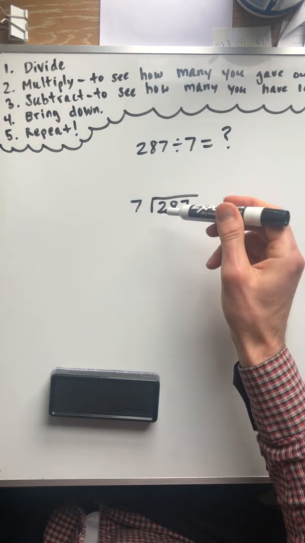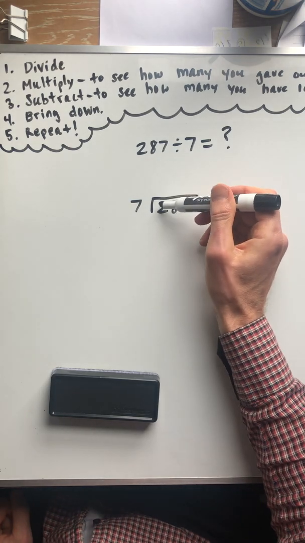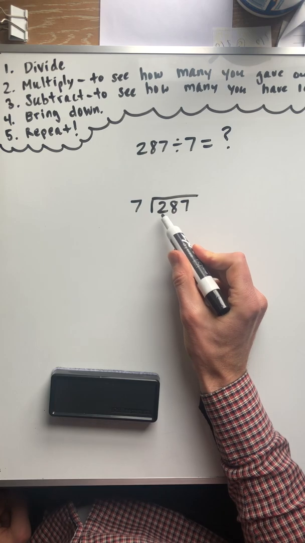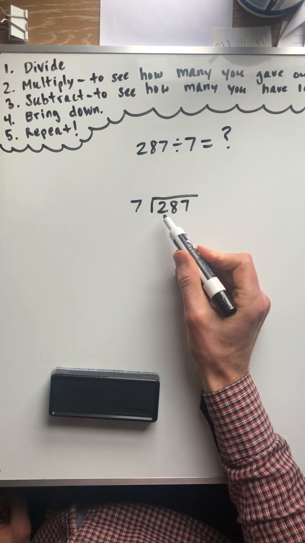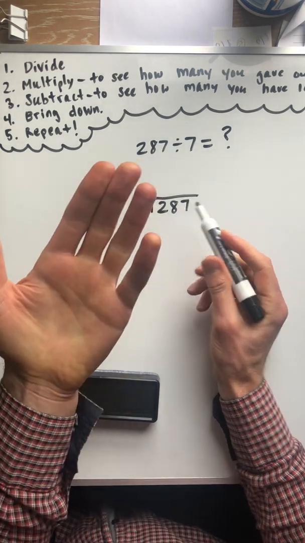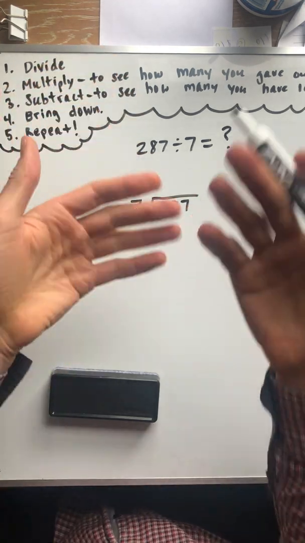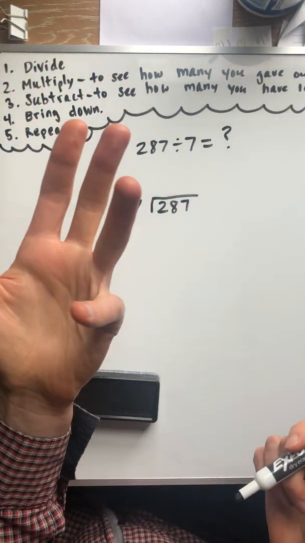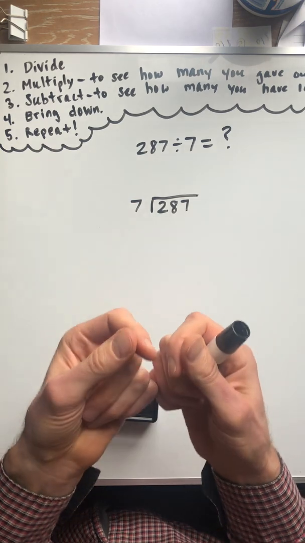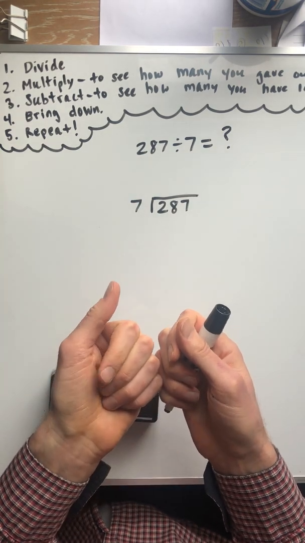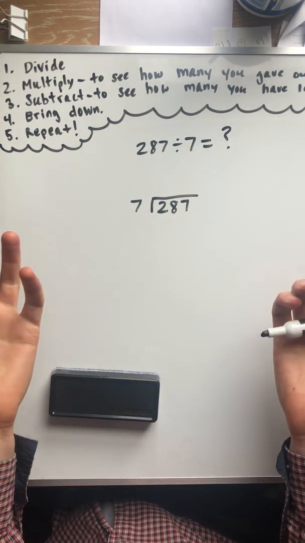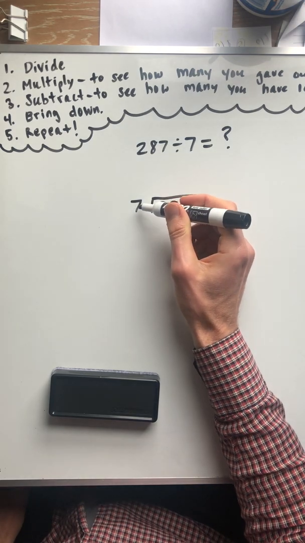So the way you do this is you look at the first number, and that's in the 100 spot. I've got 2 hundreds, and I've got 7 people with their hands out, saying pay up. I only have 2 hundreds, so nobody's going to get 100. So I first look at this one and I divide.